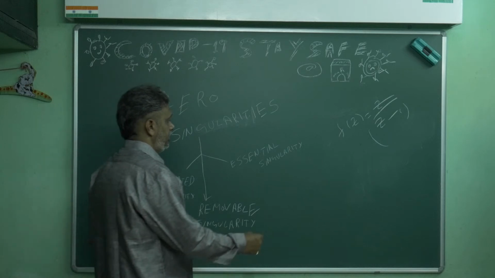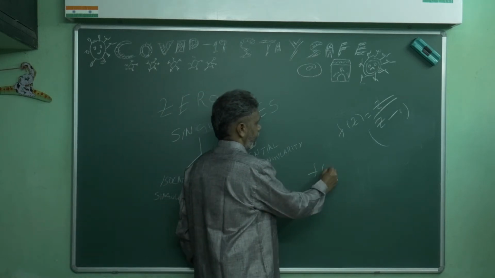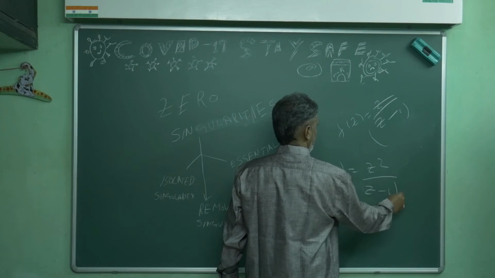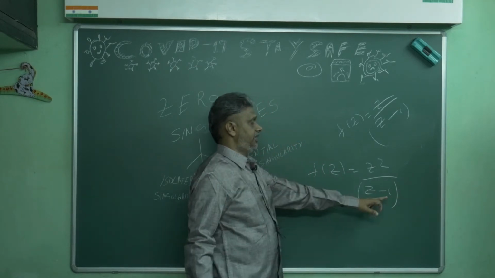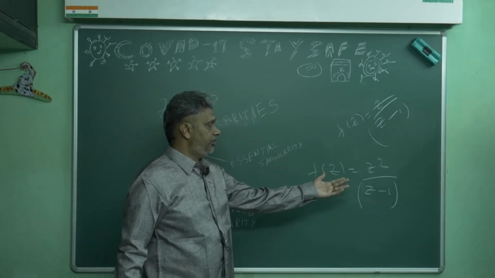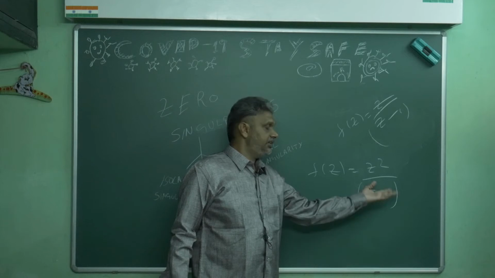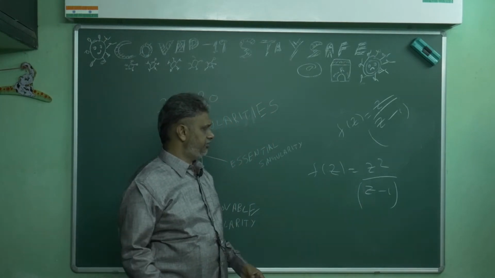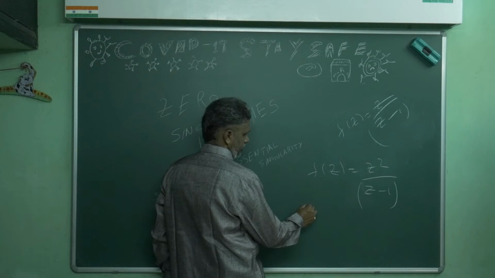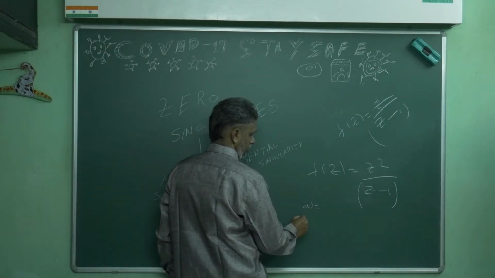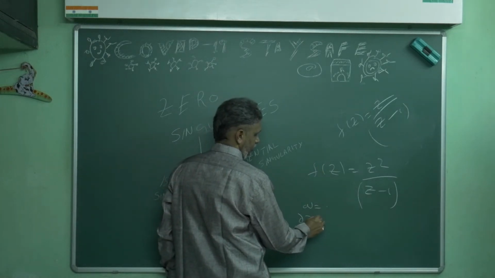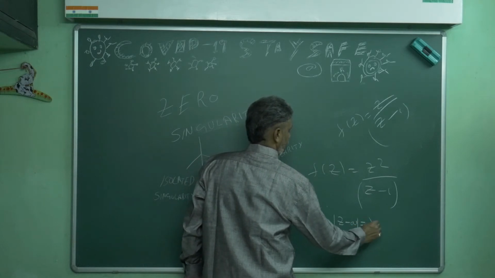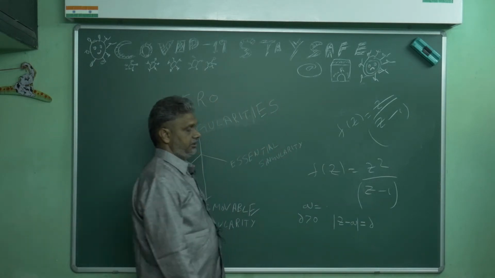Suppose f of z is equal to z square by z minus 1. Here z equal to 1 is an isolated singular point. In the neighborhood of this point, there does not exist any other singular point. What is the meaning of neighborhood? Suppose a is a singular point; there exists delta greater than 0 such that modulus of z minus a less than delta is the neighborhood.